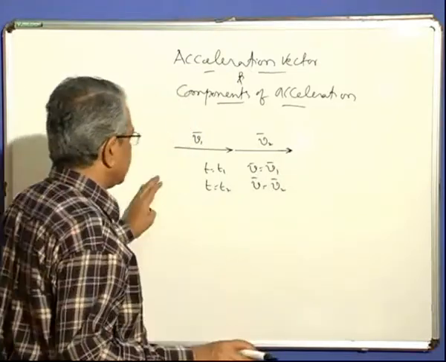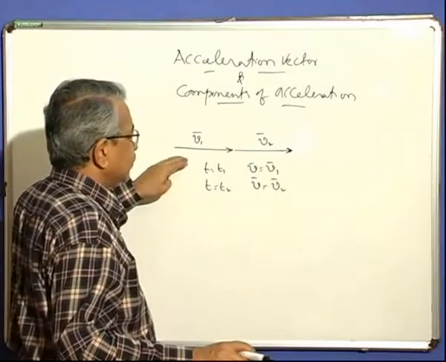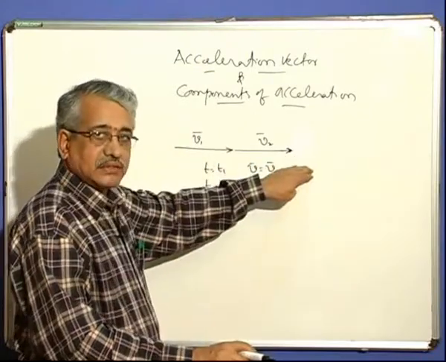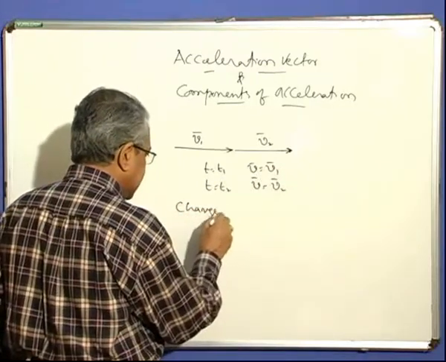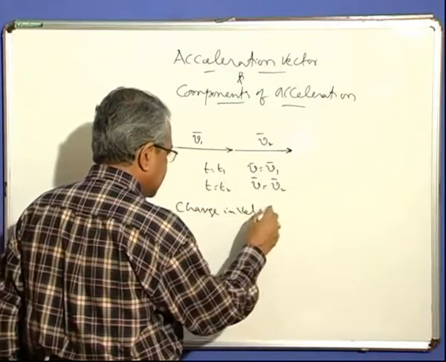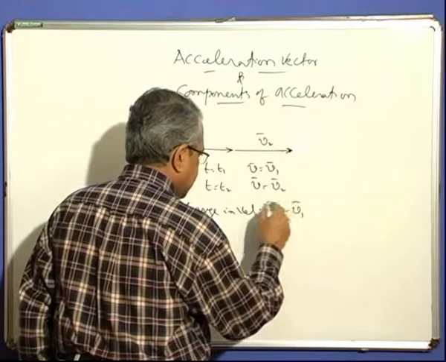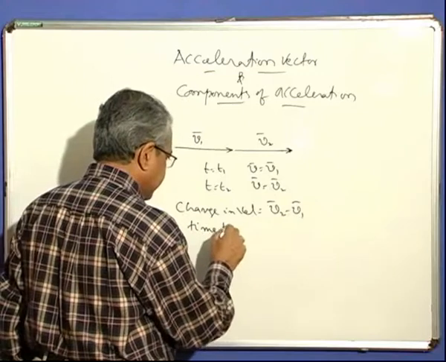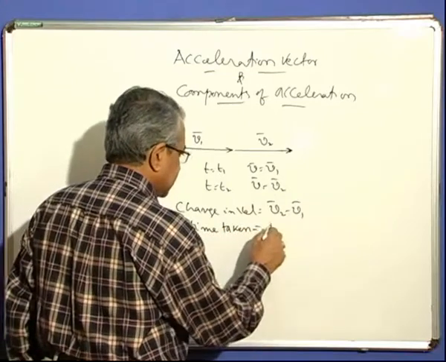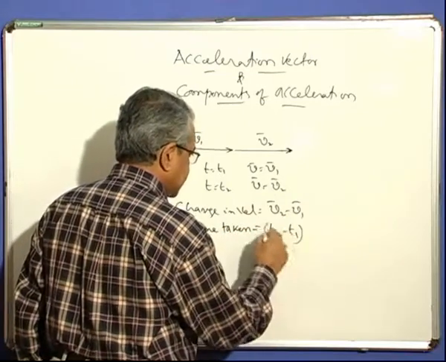Suppose now you want to find out the change in velocity and hence the acceleration. We can write the change in velocity in this case as v2 minus v1, and the time taken for this is t2 minus t1.